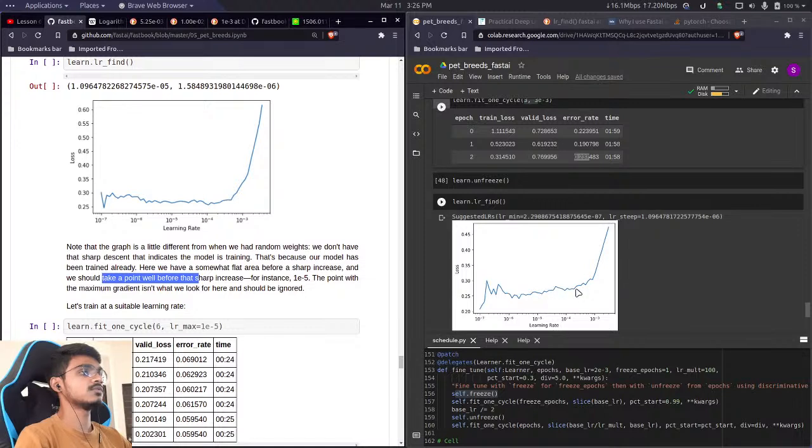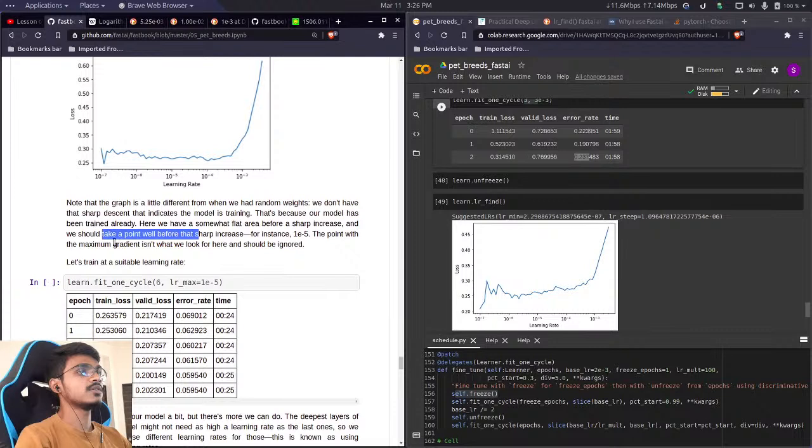We should take something from this range, I guess, 1e-5. We can also take a similar range. The point with the maximum gradient isn't what we look for here.